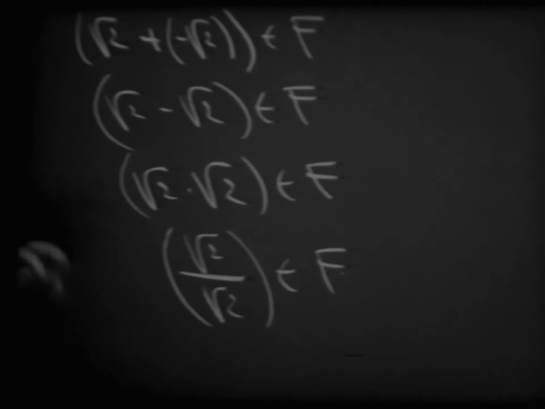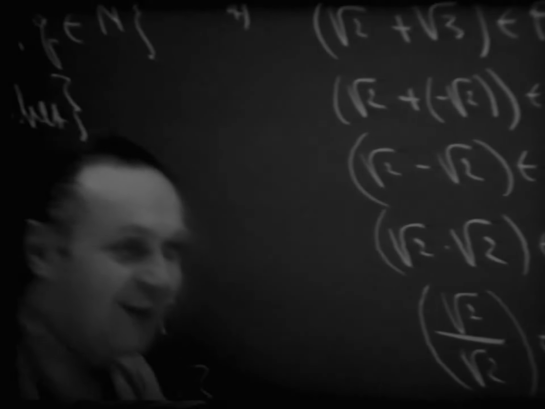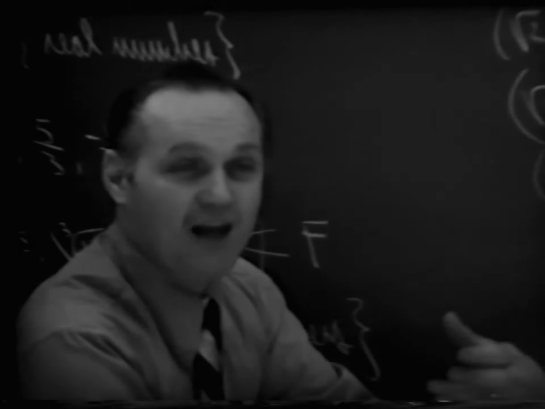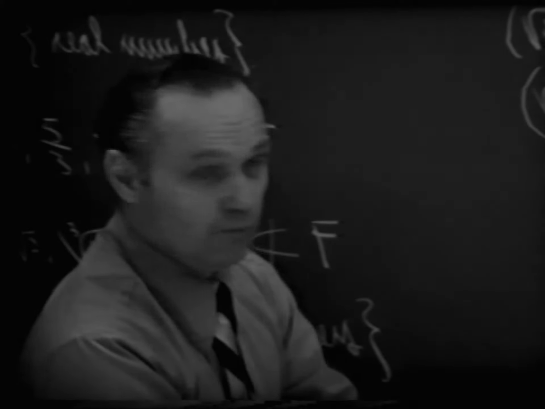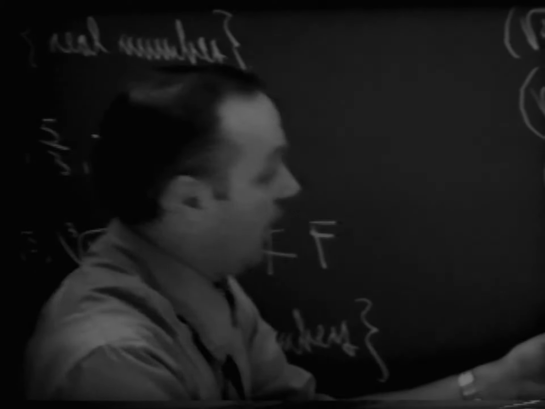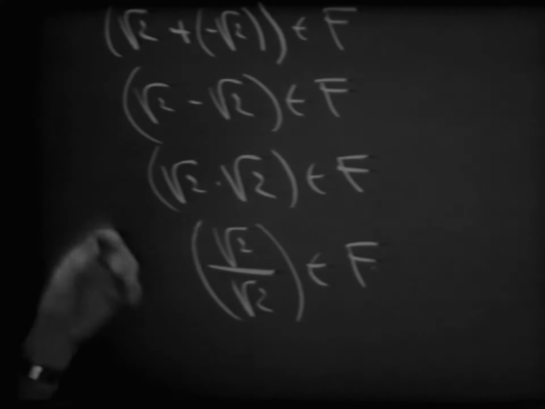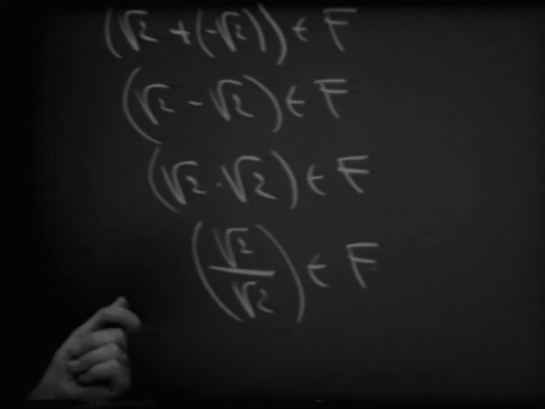So in this case, the sum, the difference, the product and the quotient of two irrational numbers is not necessarily an irrational number, and it can be a rational number, as we can see here. So in other words, the irrational numbers are not closed with respect to our operations.